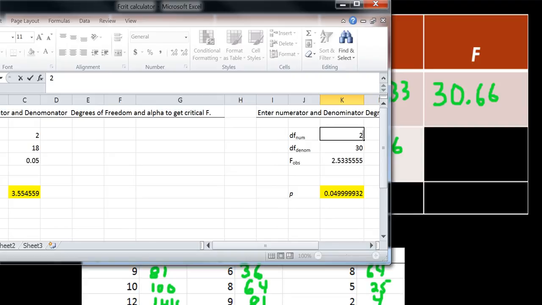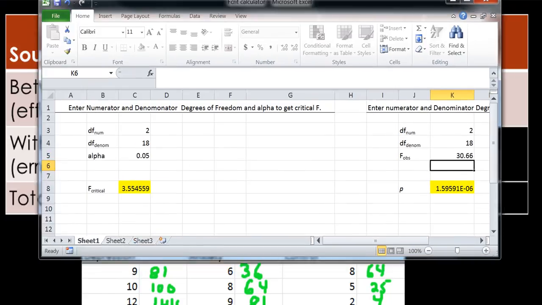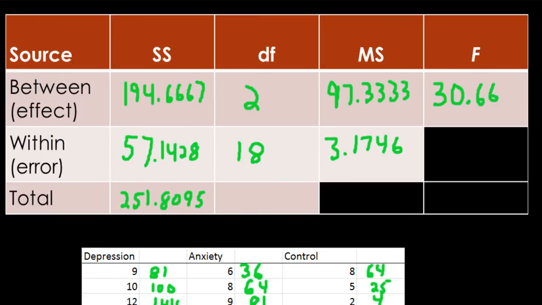We could look it up with 18 degrees of freedom and 30.66 as our F, and it's basically 5 zeros, 0.00001 is our p-value. So clearly that's well below any alpha value we might use to determine statistical significance.